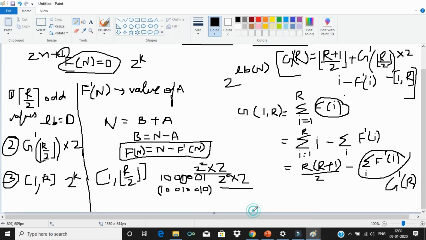here it is, that g of 1 comma r is going to be r into r plus 1 by 2 times 2 minus g dash of r.